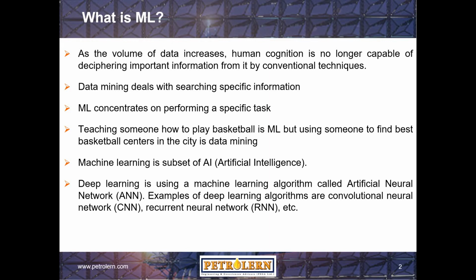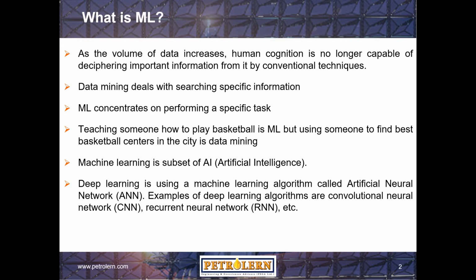That's what AI is, right? Then machine learning is a subset of AI. Machine learning is unfortunately used interchangeably with AI, but it's not the same as AI. Machine learning is a subset of AI, and it concentrates on performing a specific task.